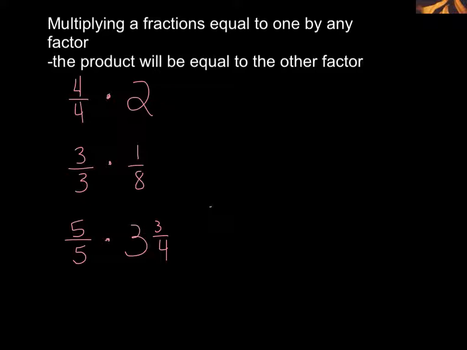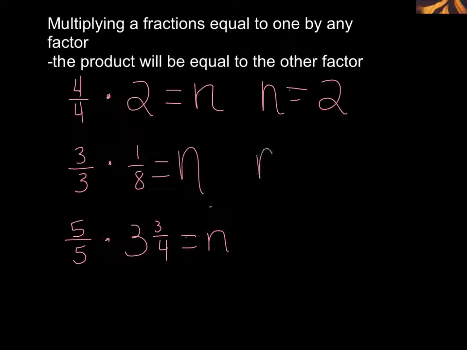In all of these situations, if we're looking for n, well, n is going to be equal to here 2, n is going to be equal to an eighth, and n will be equal to 3 3/4.